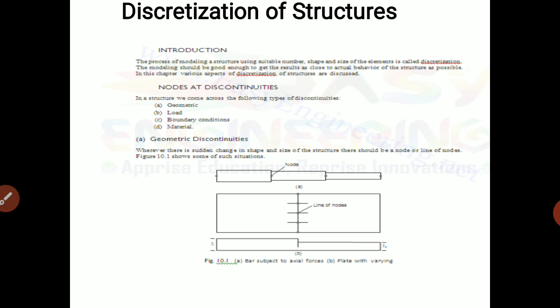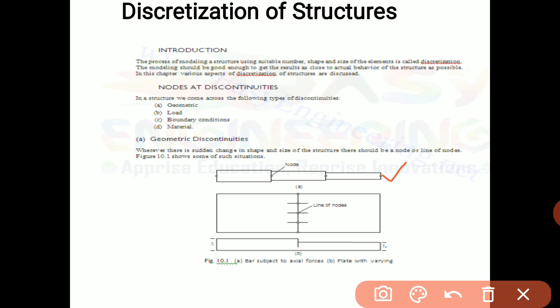So what does discretization mean? It means that we are going to divide our structure into a finite number of nodes, and we are going to solve the particular structure or numerical problem and find out all the unknowns there. The first diagram shows a bar, and we have divided this bar into a number of nodes.